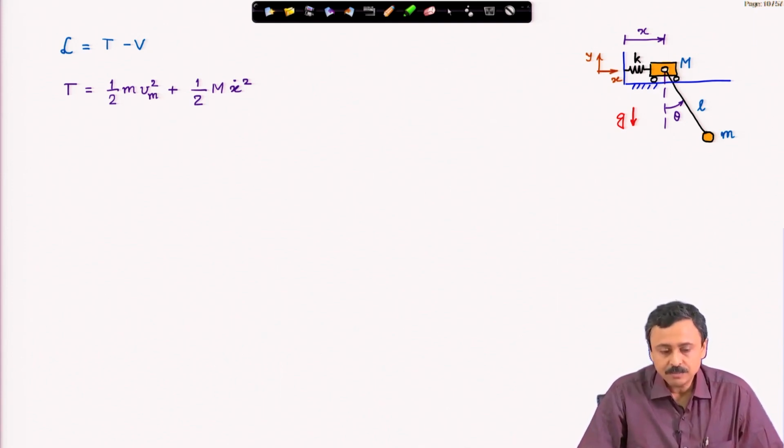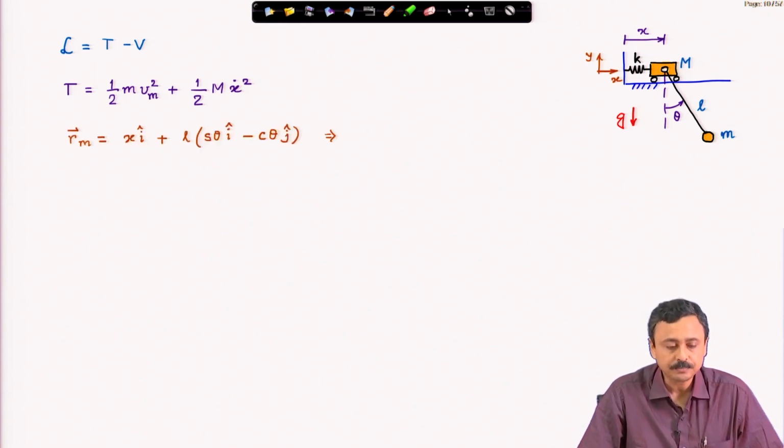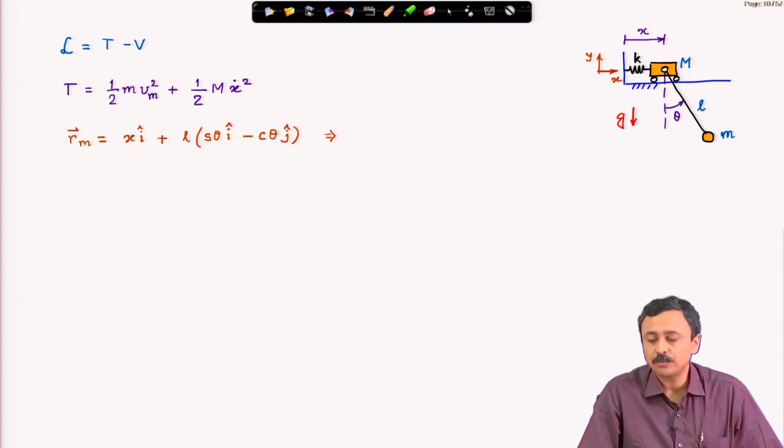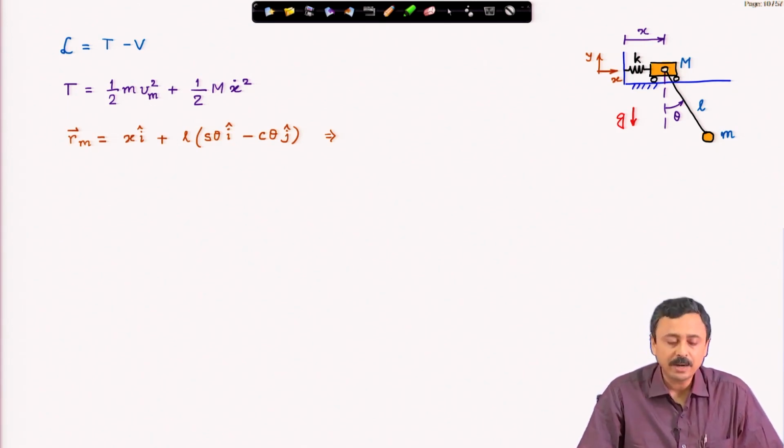Kinetic energy of the system can be written as 1/2 the mass of the bob of the pendulum times velocity of the bob squared, plus 1/2 mass of the cart times velocity of the cart squared. How do I find the velocity of the bob? Here we have to use kinematics.